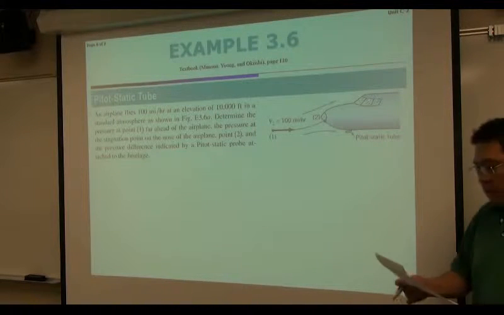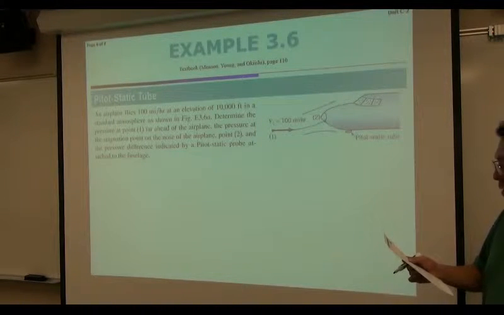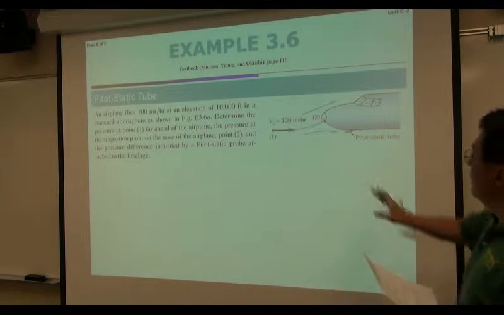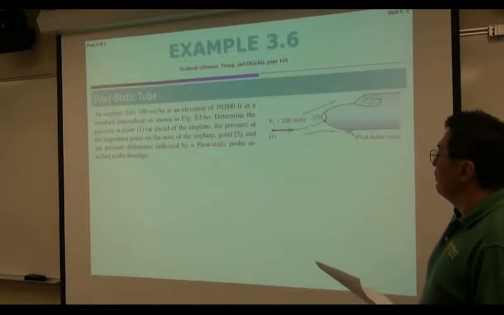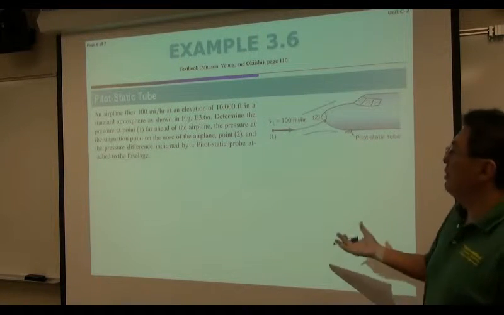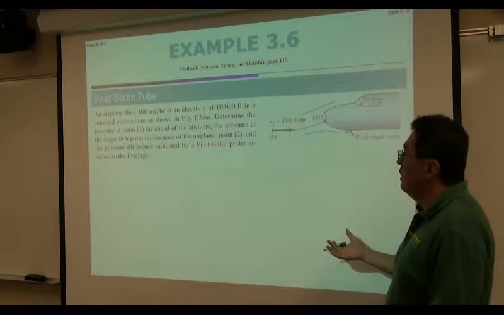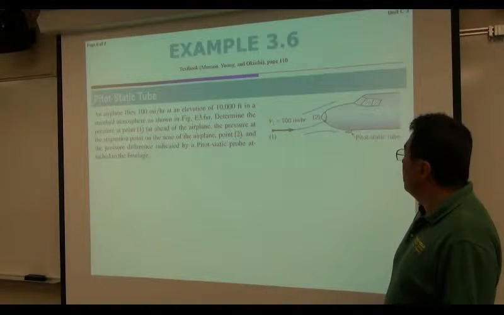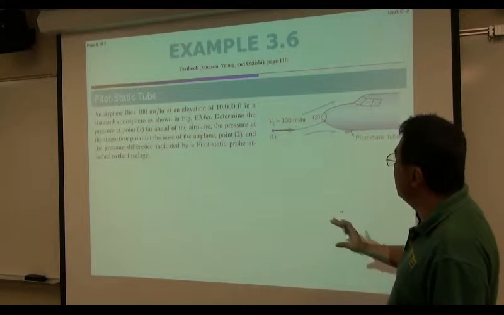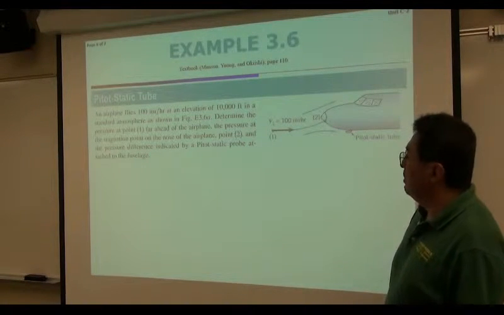Okay, let's take a look at example Unit C2, page 6. This is an airplane flying 100 miles per hour at an elevation, which is altitude, of 10,000 feet in a standard atmosphere. That means we assume the US standard atmospheric condition at 10,000 feet altitude.